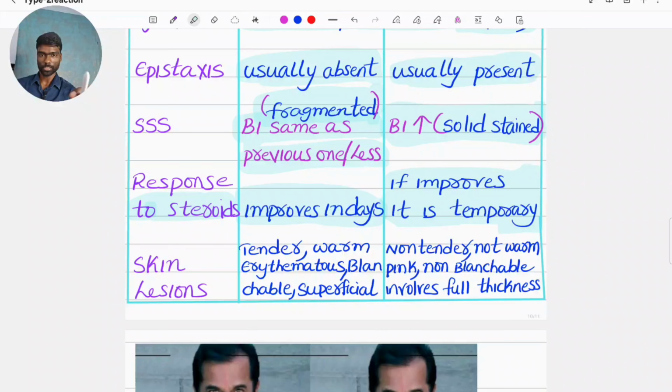If it improves, it is reaction. If it improves temporarily and again reappears, it is relapse. Skin lesions: nodules will be tender, warm, erythematous, blanchable and superficial. Here lesions will be full thickness of the skin involvement, non-blanchable, non-tender, not warm, pink.